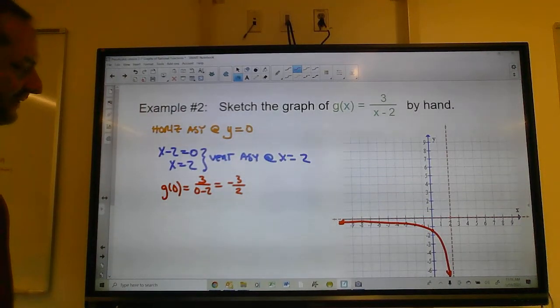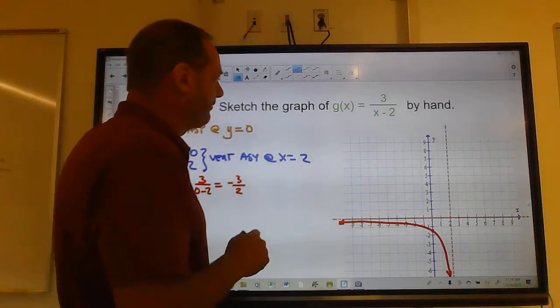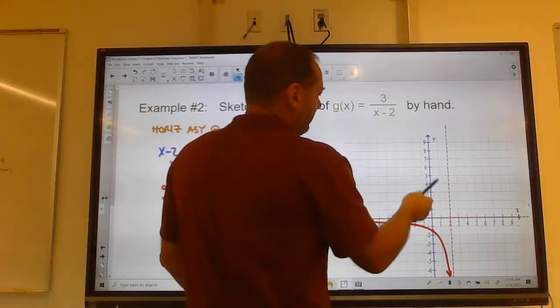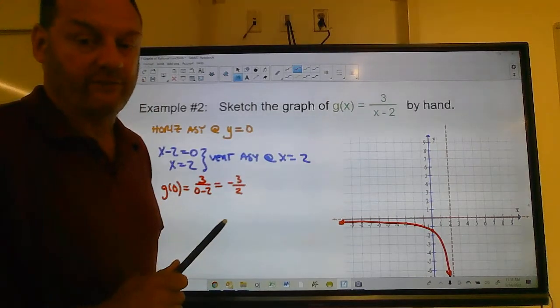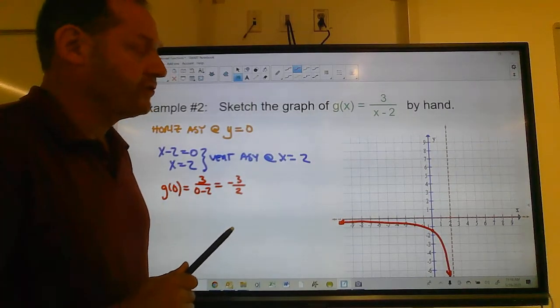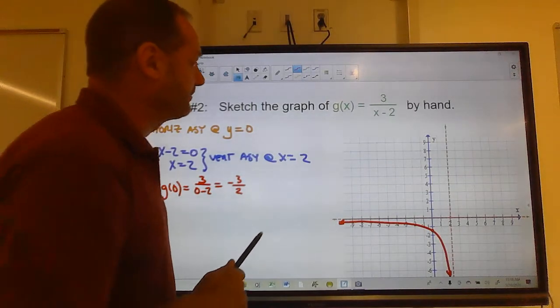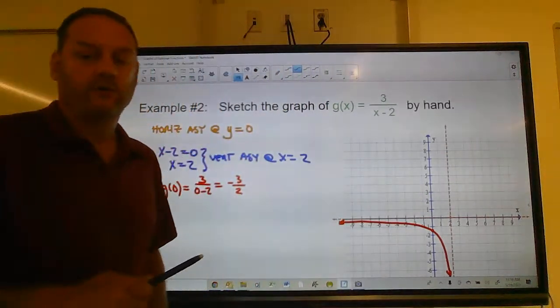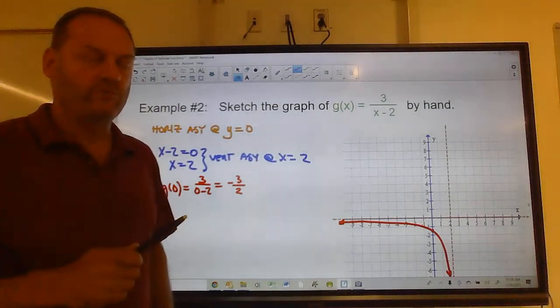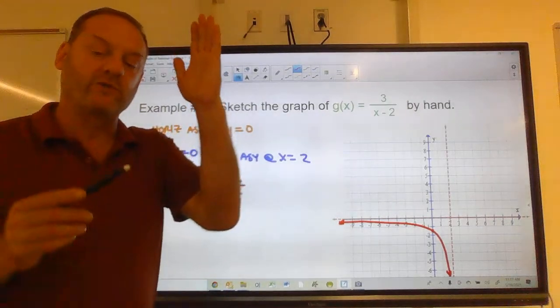Now, the next thing, which people often forget, is the rule for asymptotes. The degree of the asymptote tells you what happens at the asymptote. So this is x minus 2 to the first power. It's an odd asymptote, which means it's going to go up on one side and down on the other.